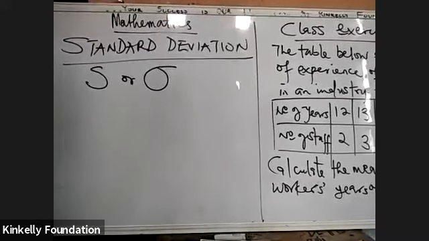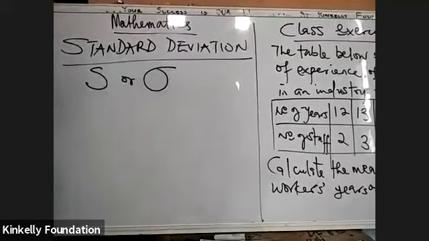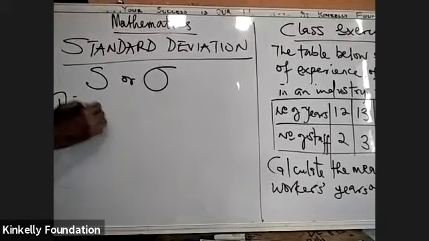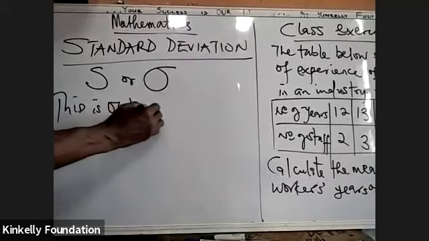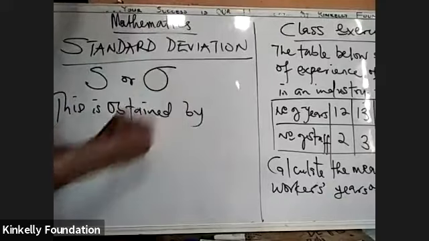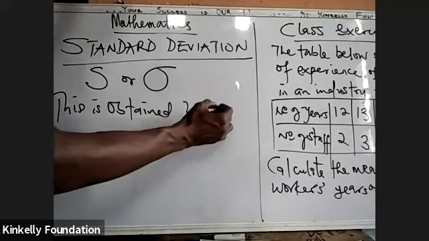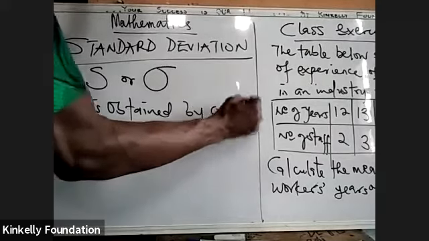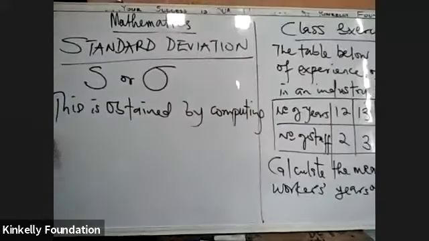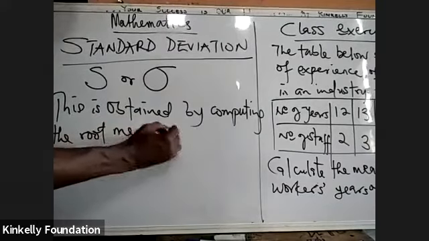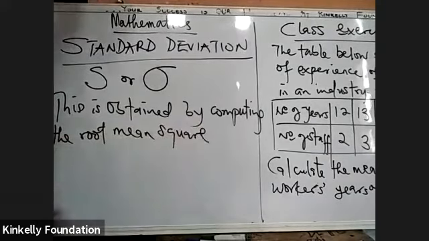We say that this is a measure of dispersion that is obtained by computing the root mean square of the deviation from the mean.